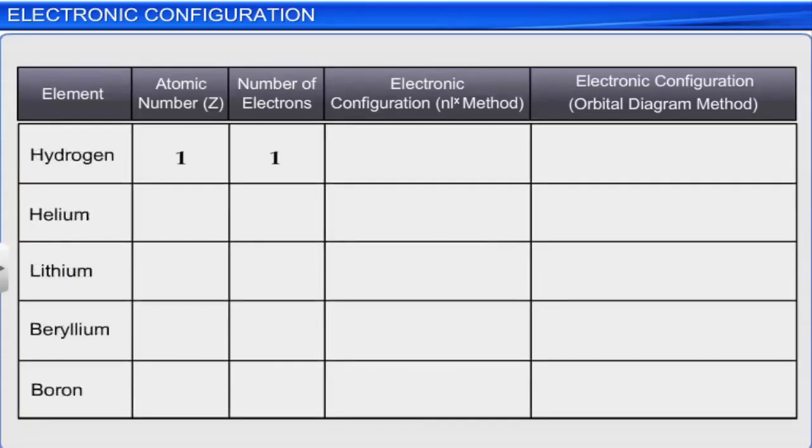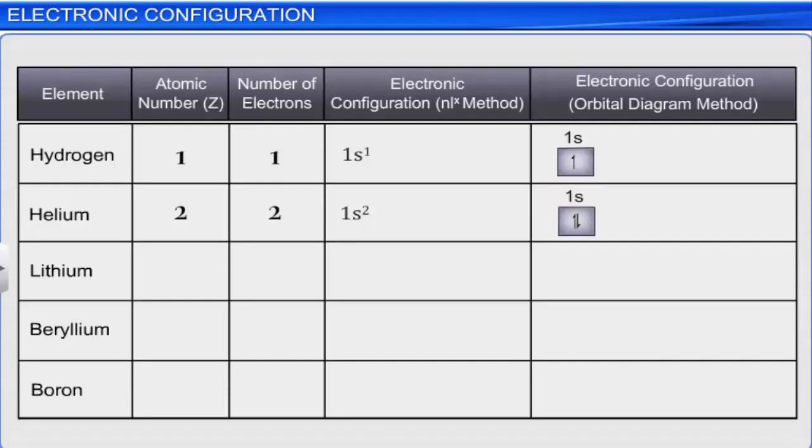Hydrogen has only one electron which must be filled in the orbital of lowest energy, that is 1s. Helium has 2 electrons. Both these electrons can be filled into the 1s orbital. However, according to Pauli's exclusion principle, these 2 electrons should have opposite spins.